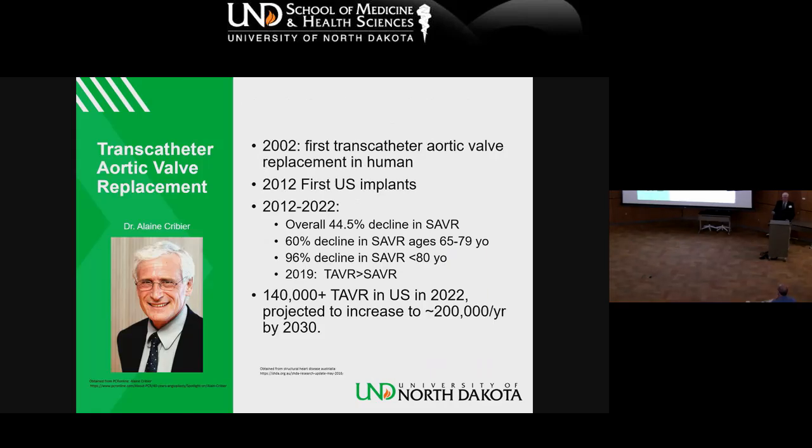And then this crazy Frenchman, Dr. Cribier, in 2002, did the very first in-human aortic valve replacement with a catheter through the groin. And everyone thought this was crazy. The valve was going to shatter, it'll shower emboli, cause strokes, all these bad things will happen. Well, it didn't. And in about 10 years since the first implant and FDA approval in 2012, many, many studies came out.